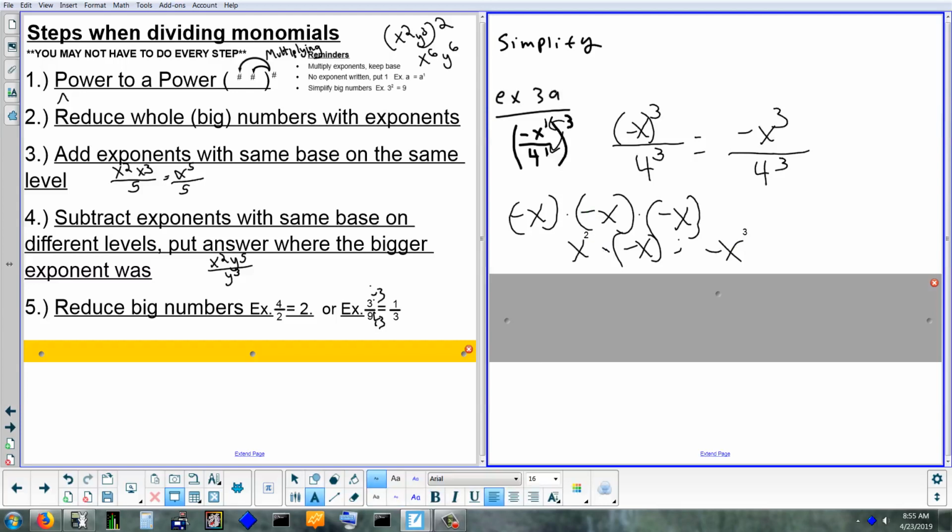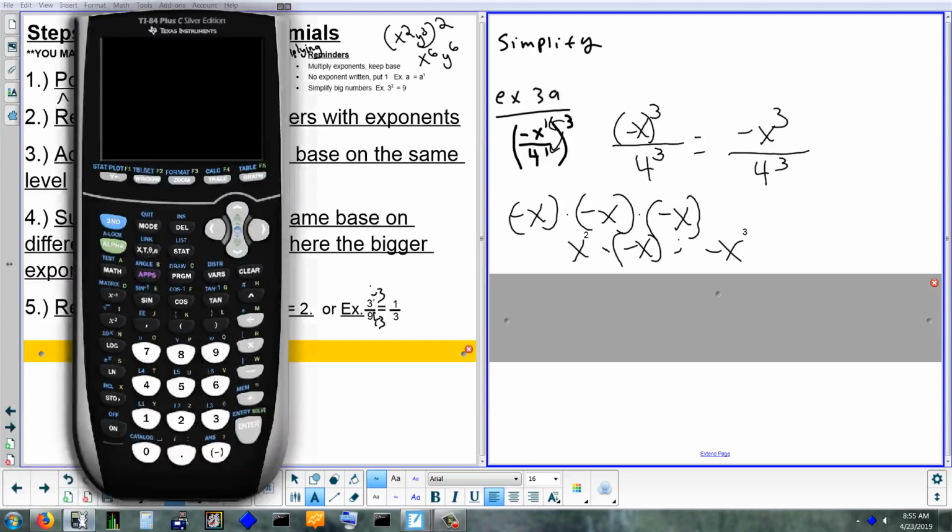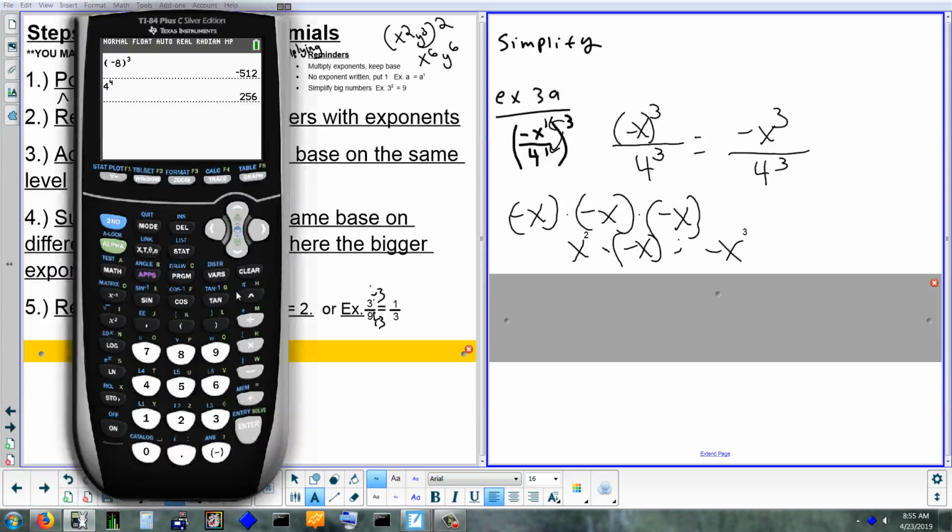All right, so we have power to a power. Reduce whole big numbers with exponents. Do we have a whole number that has an exponent attached? We do. What is it? 4 to the third, right? I'm going to take my calculator and do 4 times 4 times 4. I can do it like that, but what's a quicker way? Do the 4, exponent, 3 on the calculator. And again, do I have to put parentheses around this one?